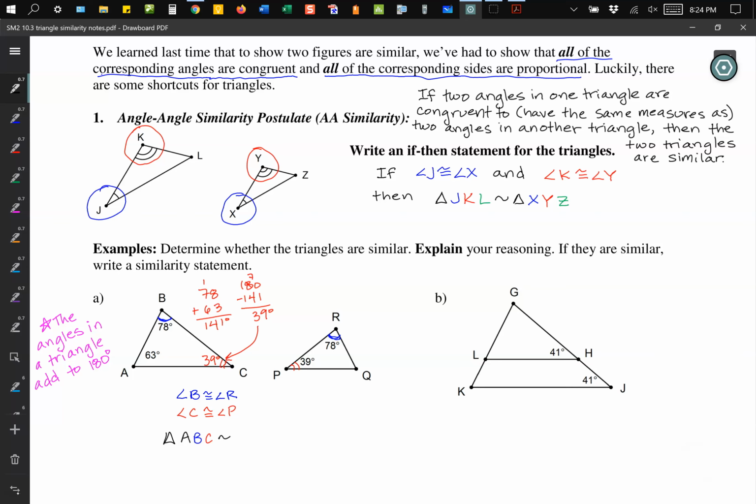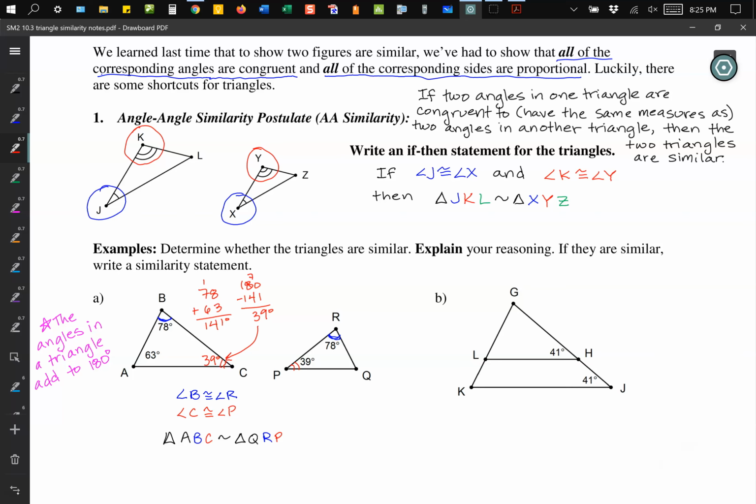A is the 63-degree angle. Well, that must be angle Q right here. So triangle Q. B is the 78-degree angle, so that would be angle R. And C is the 39-degree angle, so that would be P. So triangle ABC is similar to triangle QRP.